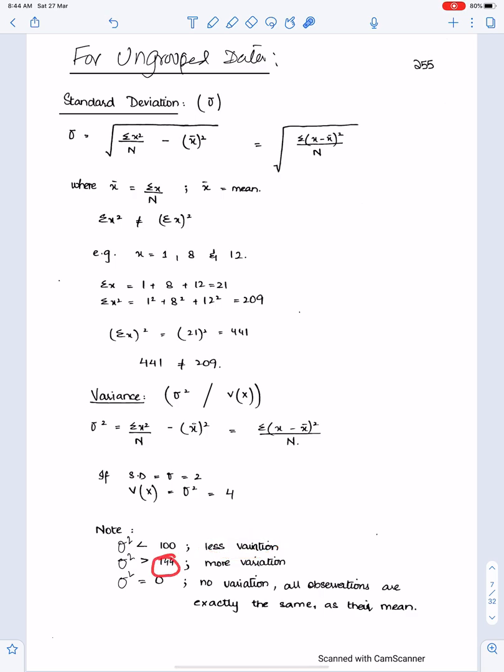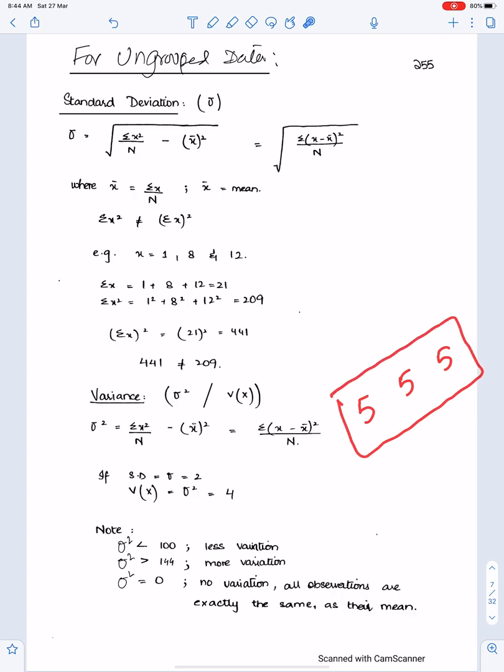And we suppose if sigma square is more than 144, that means more variation, which means the observations are more scattered from their mean. If sigma square is 0, that means no variation. That means all observations are exactly the same as their mean. What if we have these three observations?